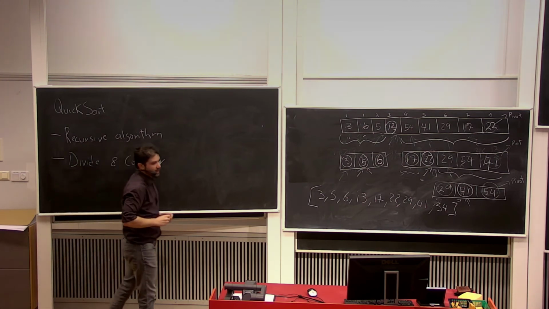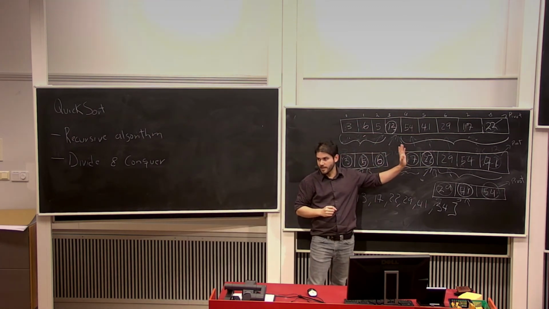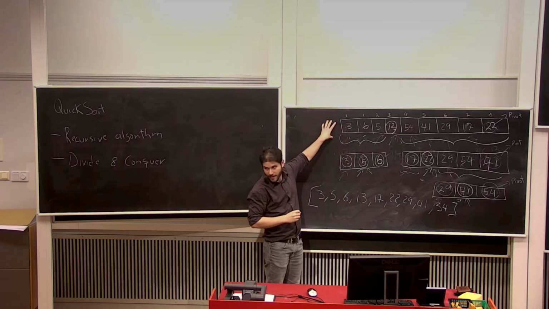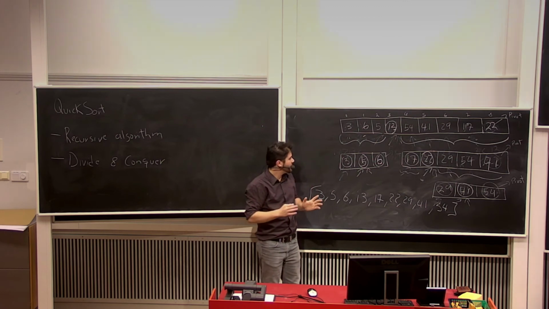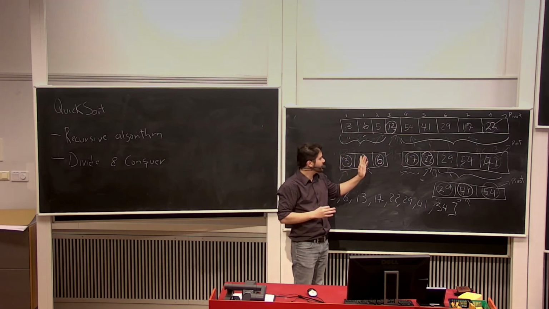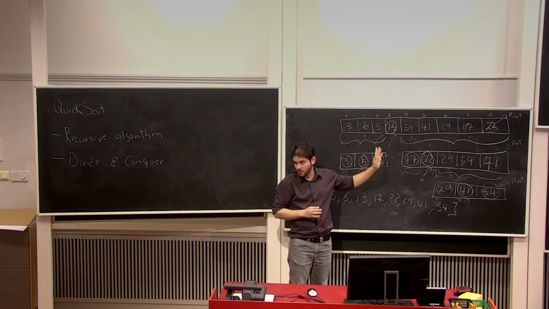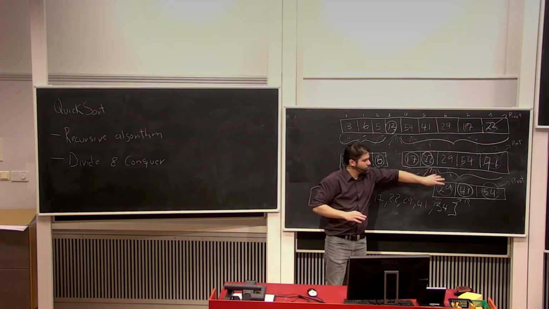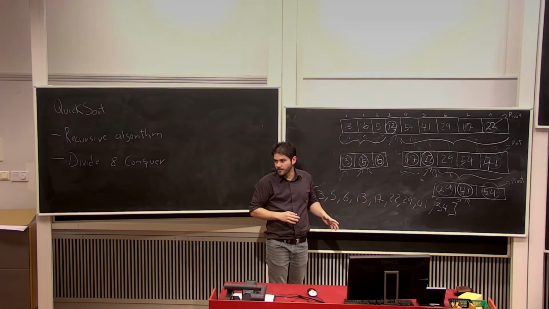The divide and conquer strategy consists in dividing a problem, in this case the complete array, into sub-problems that are easier to solve. In this case, the way that it divides is by splitting the array based on the position of the pivot, and then it solves each sub-problem in the same way, and that makes it very efficient.